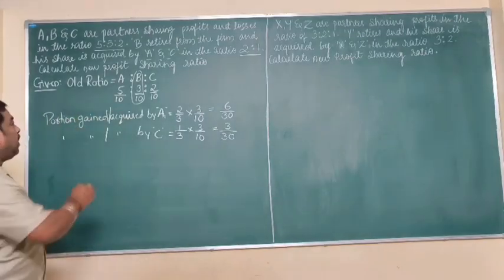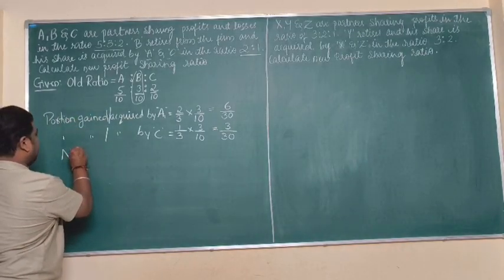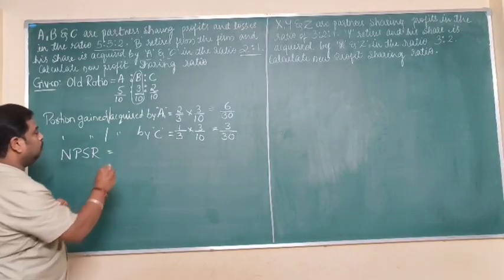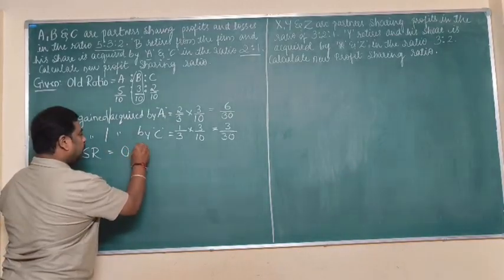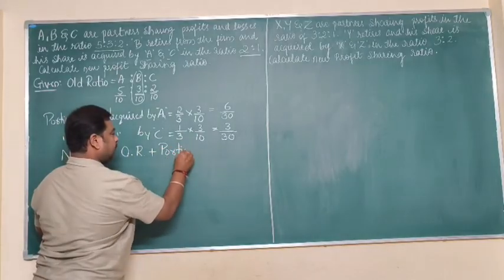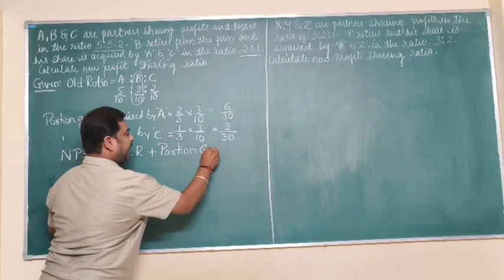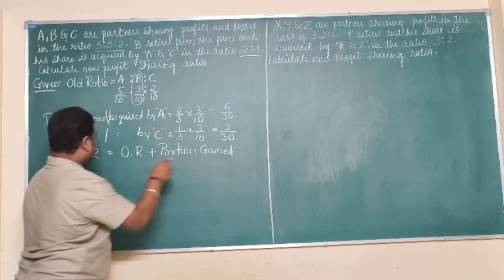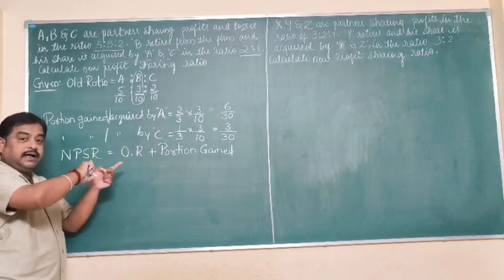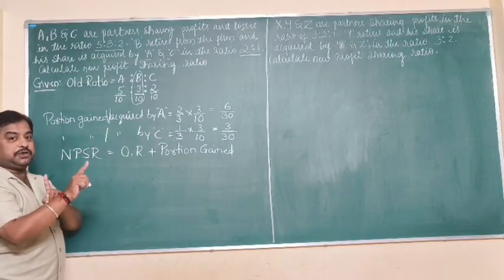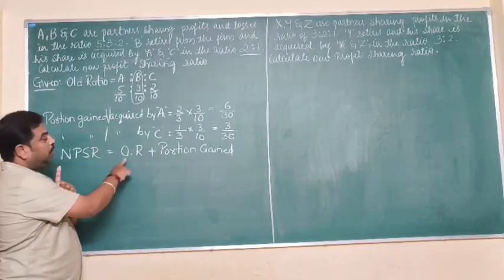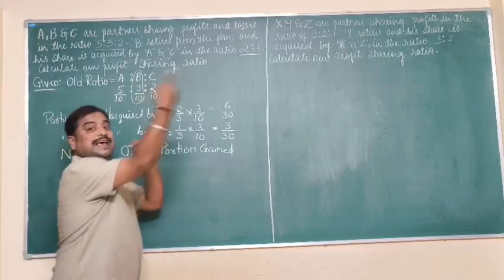Portion gained. Now coming to the NPSR. NPSR is equal to old ratio plus portion gained. Students, when you look at this formula, don't you think, in case of the admission of a partner, what was the new ratio formula? NPSR is equal to old ratio minus portion sacrificed.